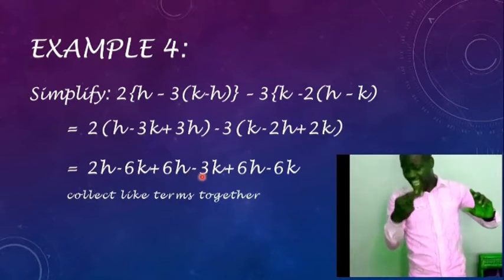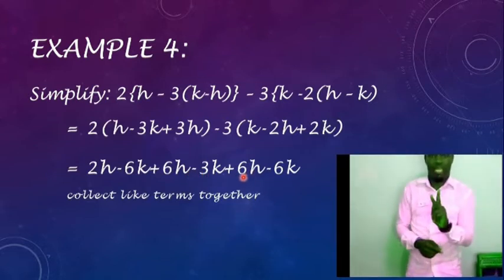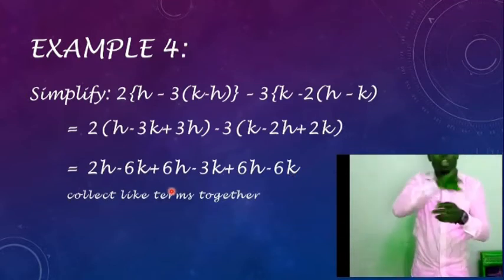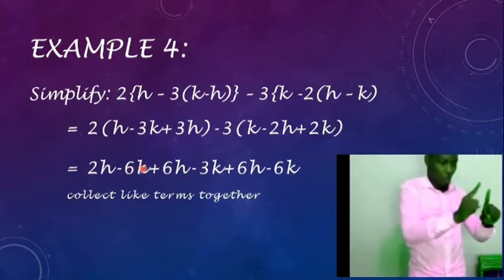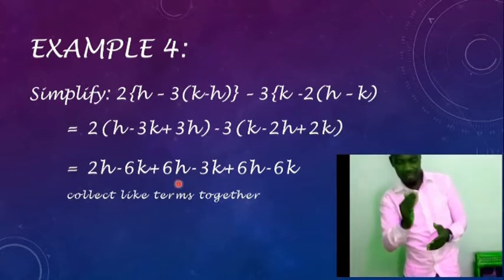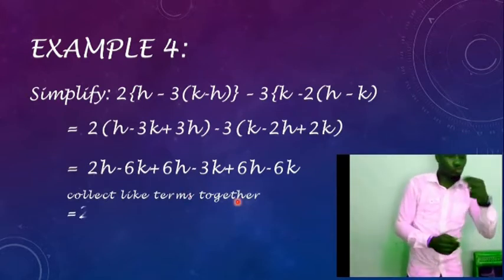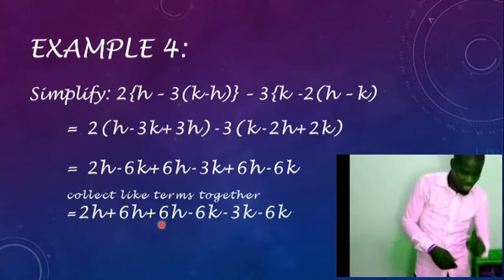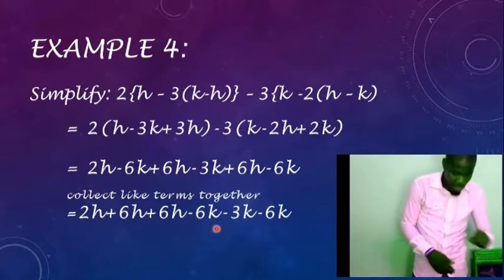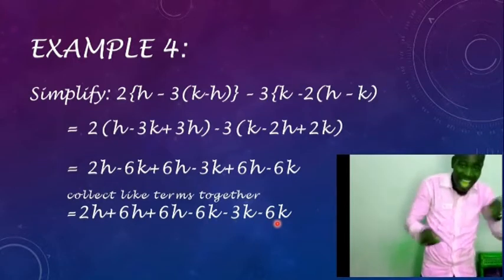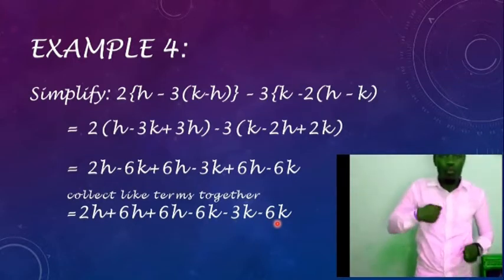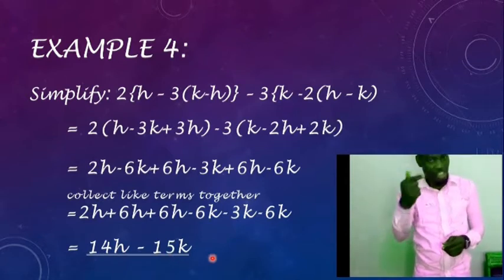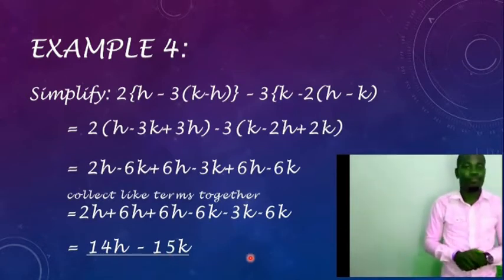We have minus 3k plus 6h minus 6k. So let's collect the like terms together. All the k's come to one side and all the h's come to the other side. That will give us 2h plus 6h plus 6h minus 6k minus 3k minus 6k. Adding all this together, we are going to have 14h minus 15k.